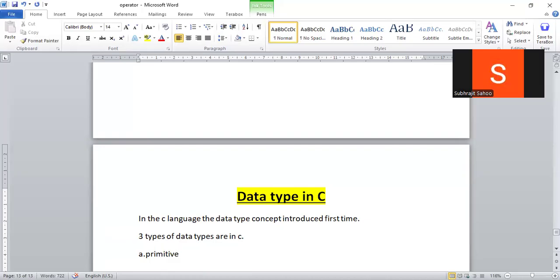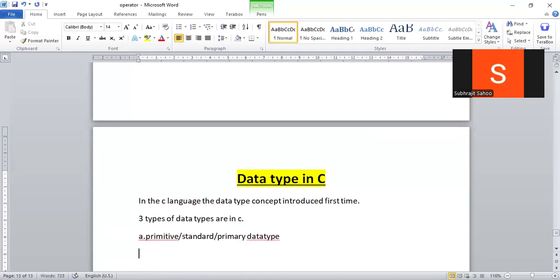Primitive is also called standard, also called primary data type, right? Number B, derived data types.